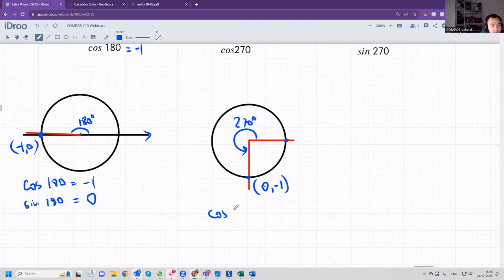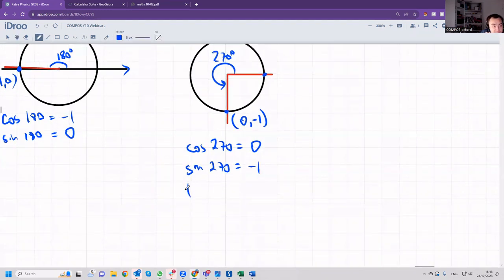So what is cosine of 270? 0. And sine 270? Minus 1. And if they ask you for tan 270, it's sine over cosine, so minus 1 over 0. It's undefined.